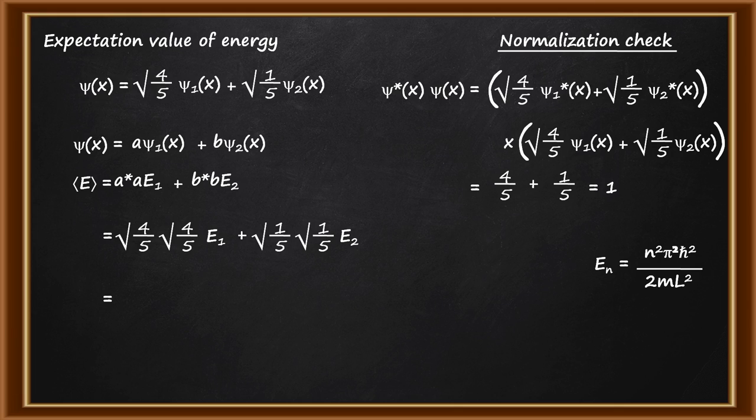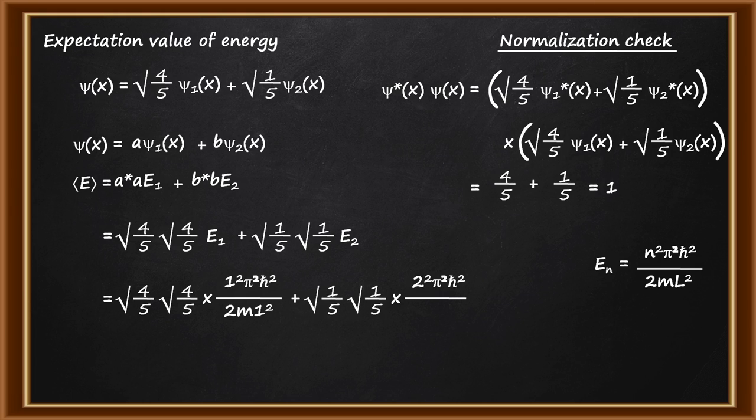So this will become square root of 4/5 into square root of 4/5 into 1 squared pi squared h cross squared divided by 2m 1 squared. Why 1 squared? Because it is given that L is equal to 1. Plus square root of 1/5 into square root of 1/5 into 2 squared pi squared h cross squared divided by 2m into 1 squared.